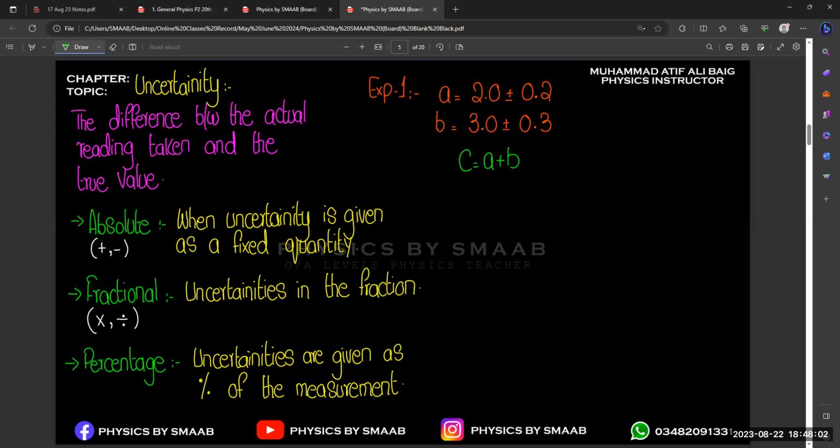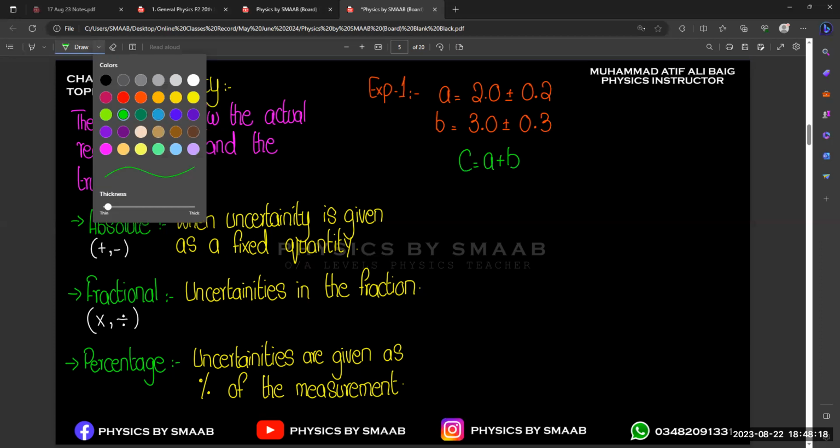The C is 5 plus minus 0.5. Yes, you simply add the actual values plus the uncertainty values, right? So your answer is right, 5.0 plus minus 0.5.